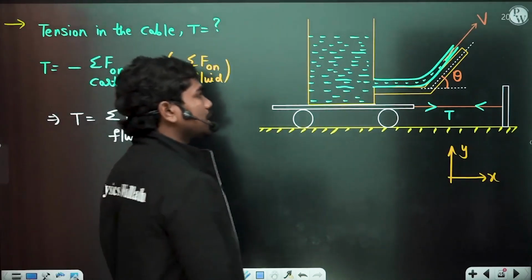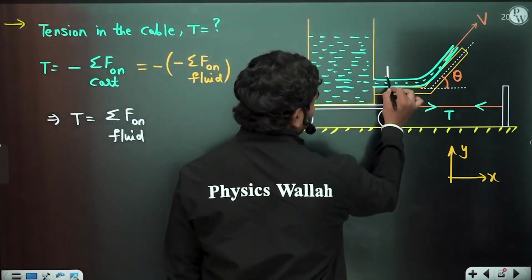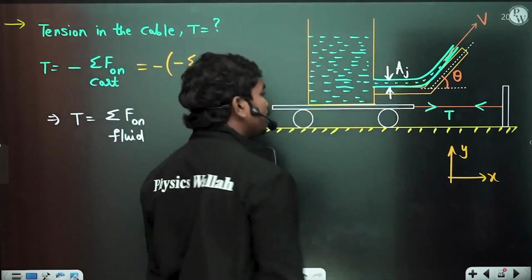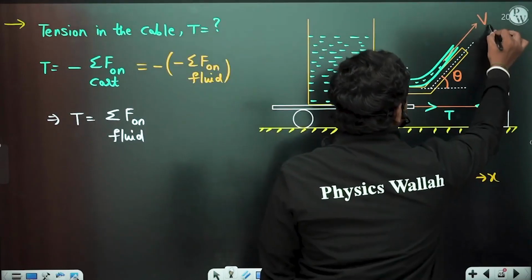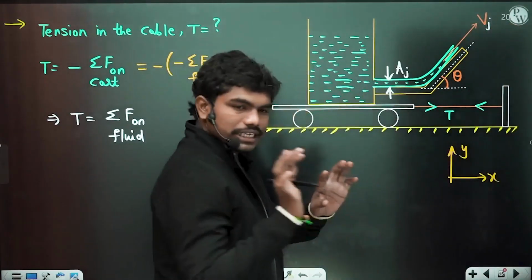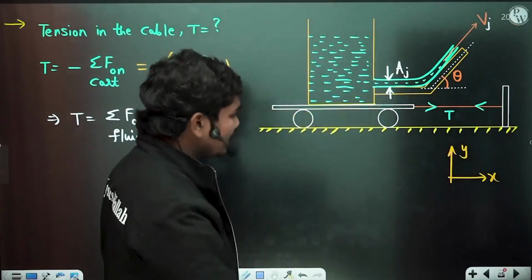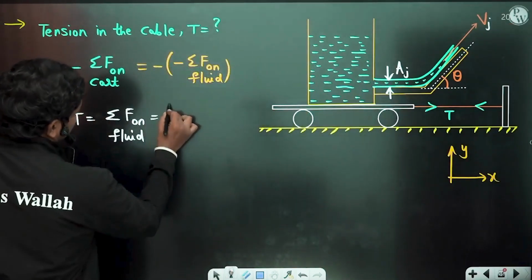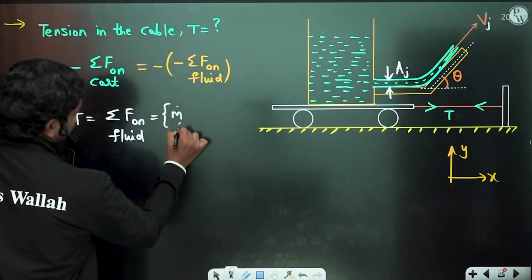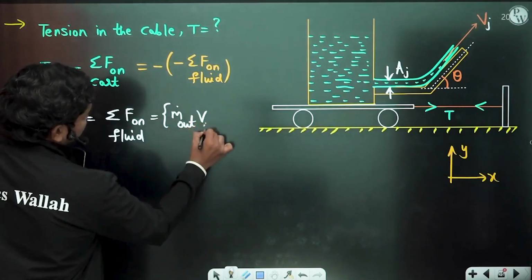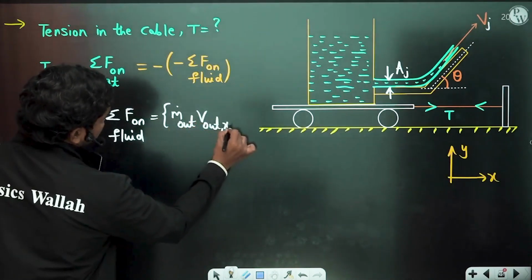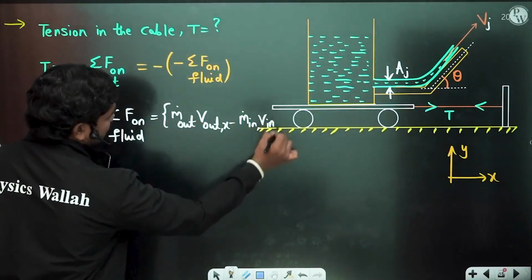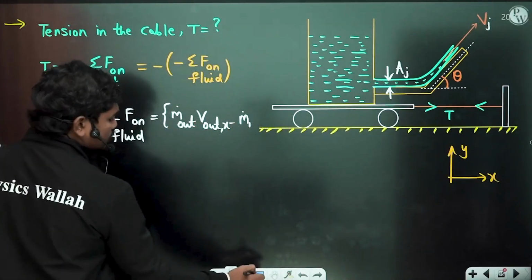For example, let us suppose the opening is of some area. Let us suppose AJ is the jet area, and the fluid is coming out with a velocity Vj. The cart is stationary, of course, the cart is not moving. Then the momentum change on the fluid is equal to m dot out V out in the x direction minus m dot in V in, correct?